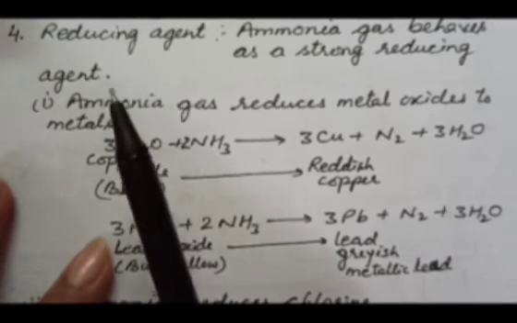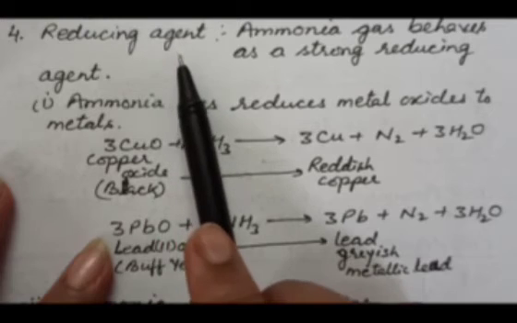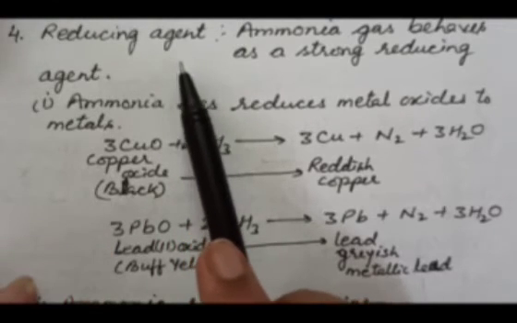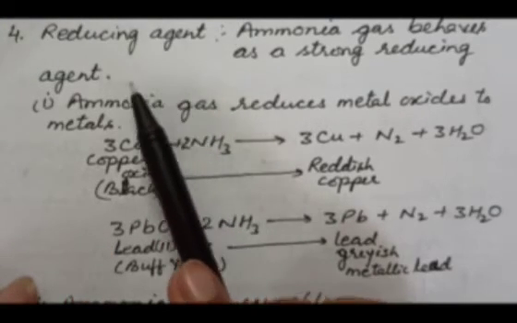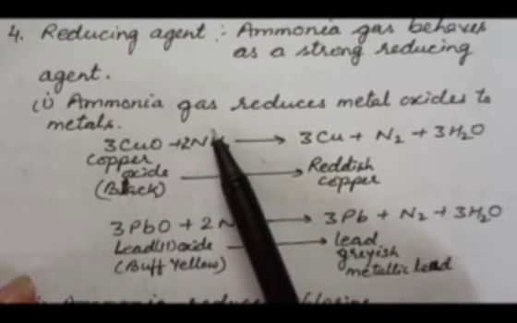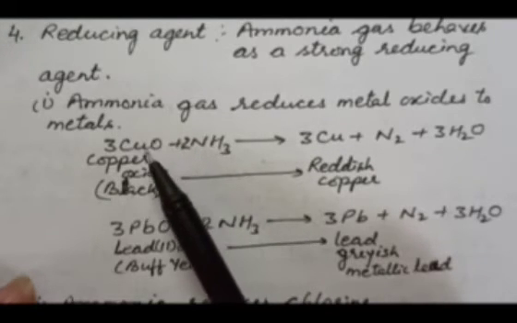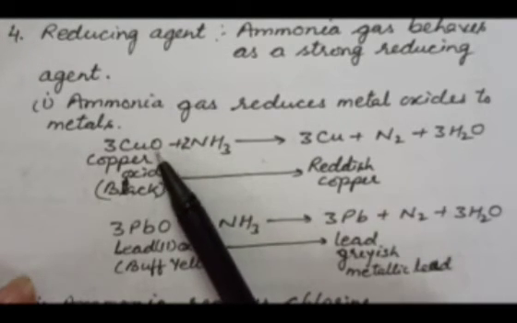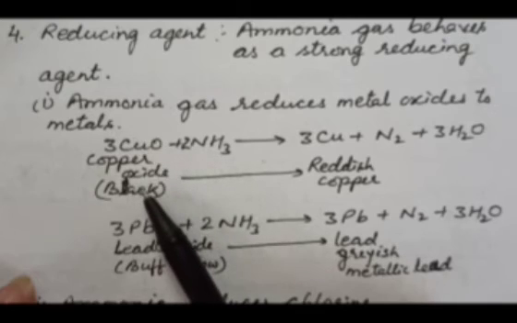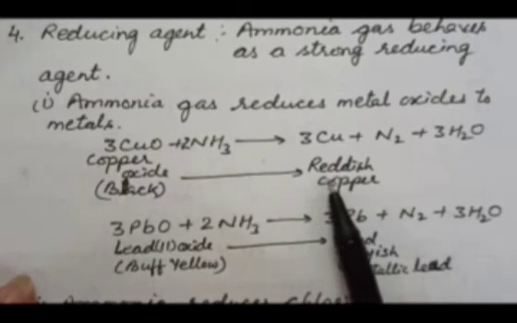Now next, ammonia gas acts as a reducing agent. Ammonia gas behaves as a strong reducing agent. How do you prove that? When ammonia gas is passed over red hot copper oxide, the black copper oxide is reduced to reddish copper.